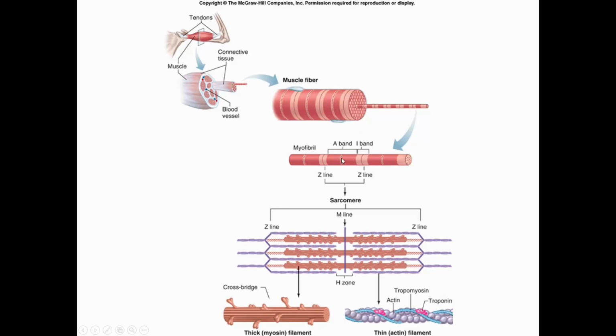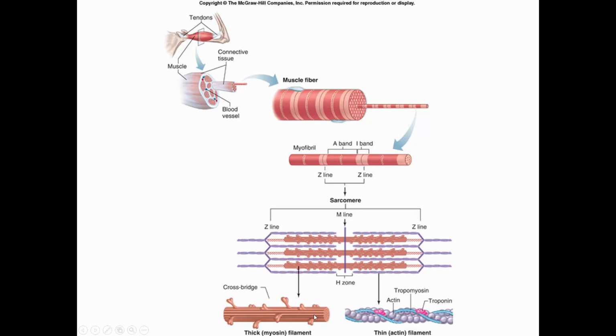So if we take one sarcomere and blow it up, we see we have the M line, the H zone, we have the A band where the myosin filaments are, we have the I band where only the actin is, we see some other proteins here that help stabilize the structure, and then we have the Z line.